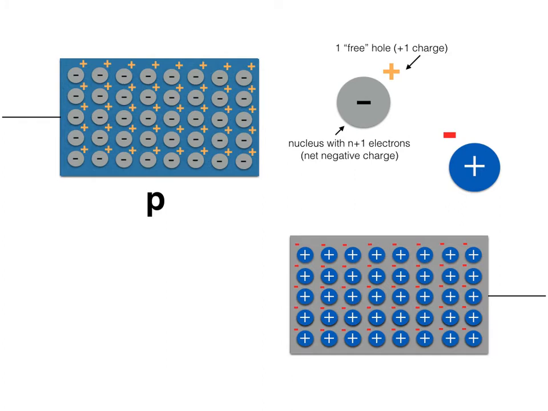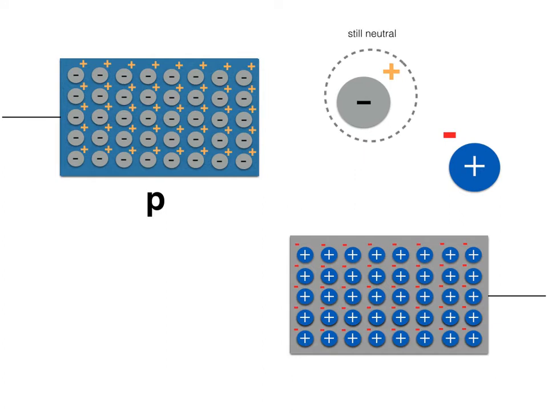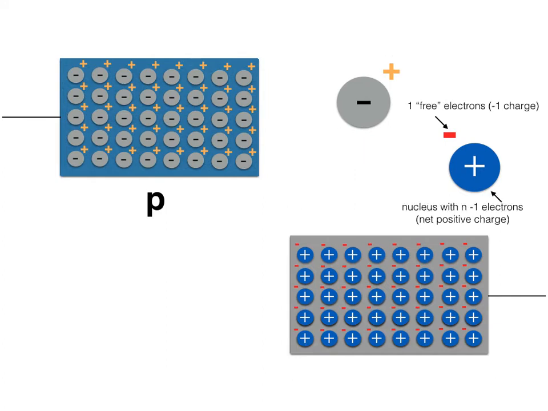The holes move around, but the core, remember this is like a crystal lattice, has to stay in place, and that is negative. The whole thing is, of course, neutral. And similarly, you've got a positive core on the N side with a free extra electron floating around that can move around. The whole thing, again, is net neutral.